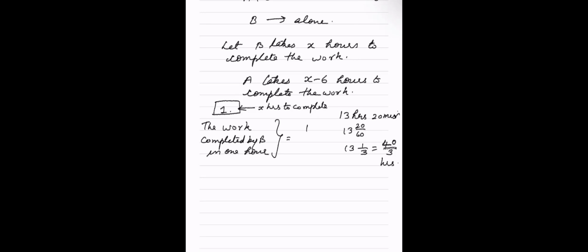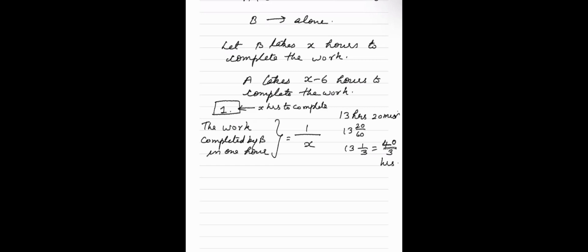That work divided by the number of hours, is it not? Consider that as one full textbook. 1 is the work. You need 6 hours to complete one full textbook. So how much will you complete in 1 hour?